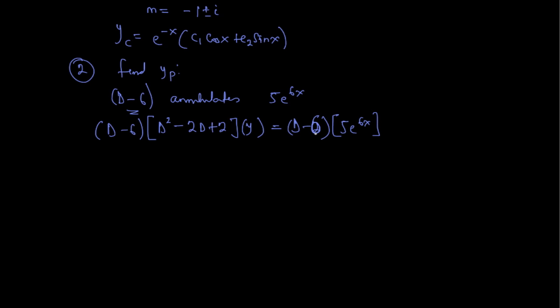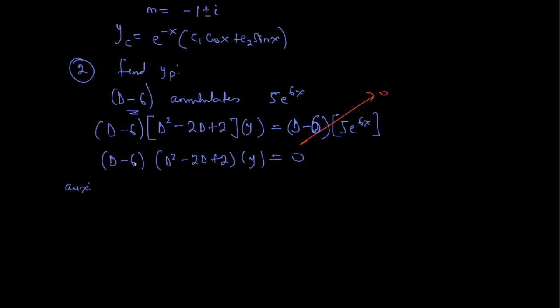Since we know that D minus 6 annihilates this, what we have here goes to 0. So what we now have left is D minus 6 into D squared minus 2D plus 2 times y equals 0. So this is a homogeneous equation. Now to solve this, I need the auxiliary equation.